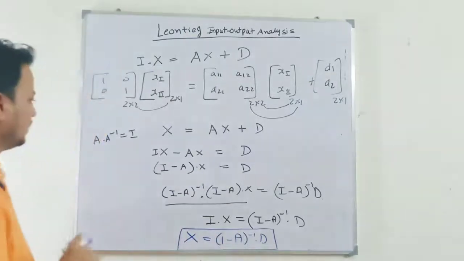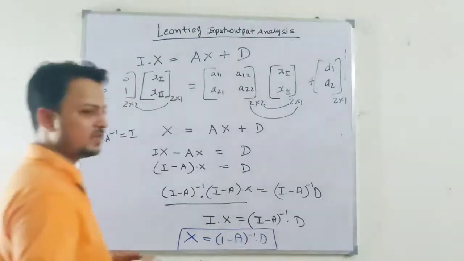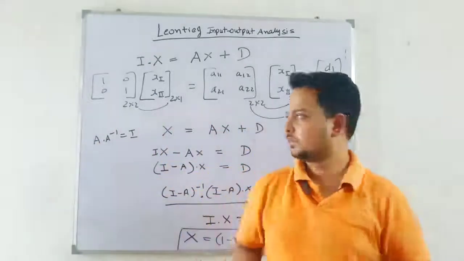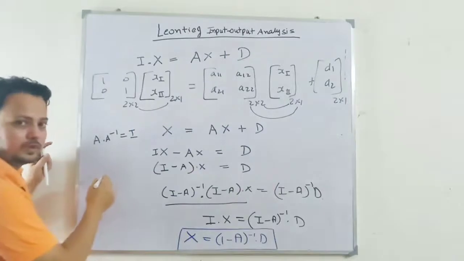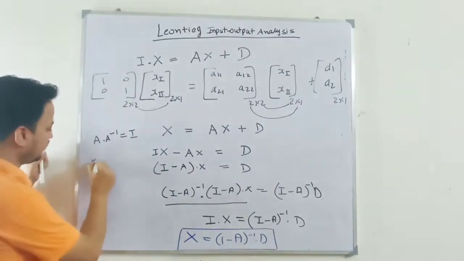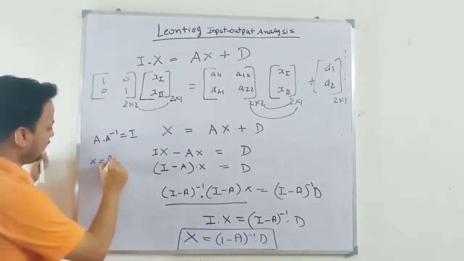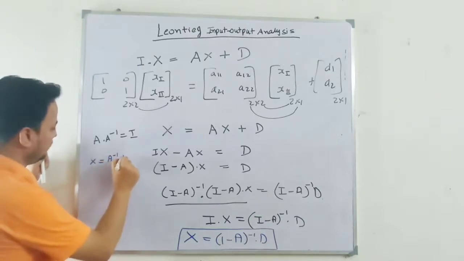When we are solving a system of linear equations, we use the inverse rule. So what you have to do: X equal A inverse into B.